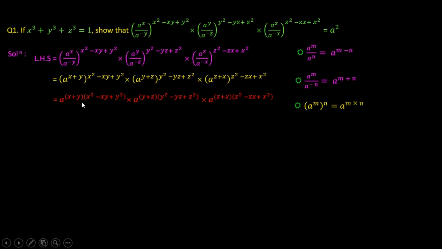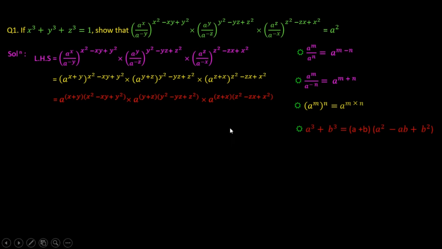You have to multiply x plus y times this, similarly y plus z times this part, and z plus x times this power part. Okay, now to solve this we have to know the formula of a cube plus b cube. So the formula for a cube plus b cube is a plus b times a square minus ab plus b square.